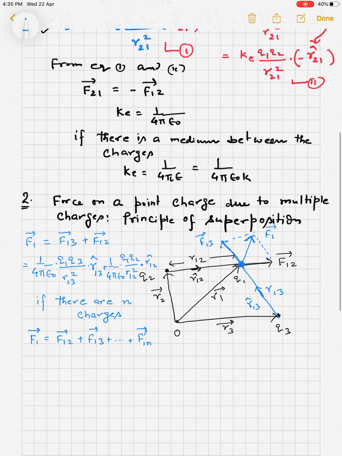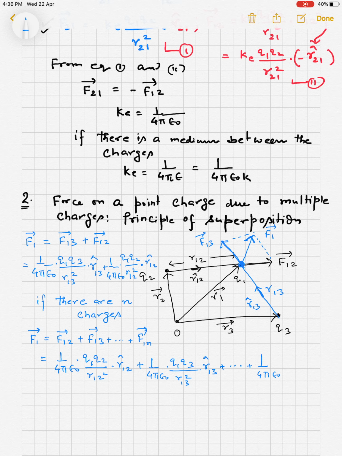So writing in the same way, we can write 1 upon 4 pi epsilon naught q1 q2 upon r12 square into unit vector r12, plus 1 upon 4 pi epsilon naught q1 q3 upon r13 square into unit vector in this direction, plus, and so on, 1 upon 4 pi epsilon naught q1 qn upon r1n square into unit vector in this direction.